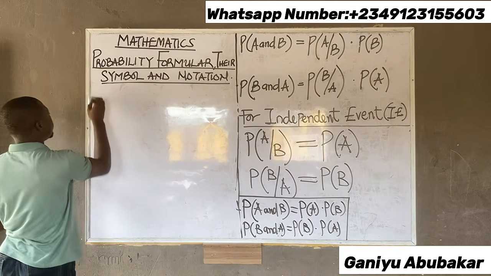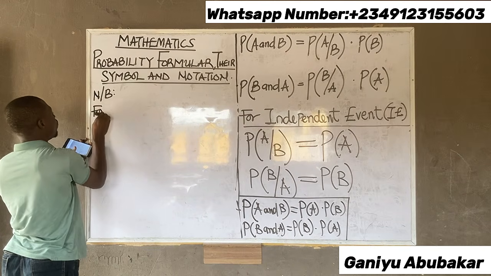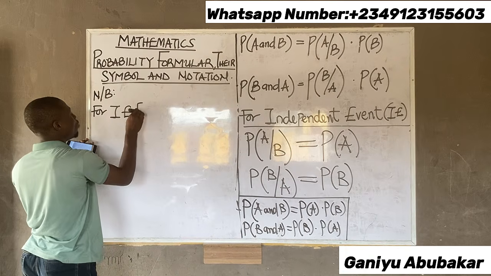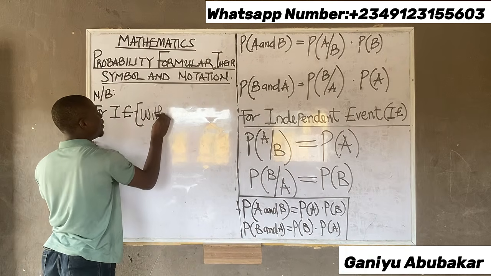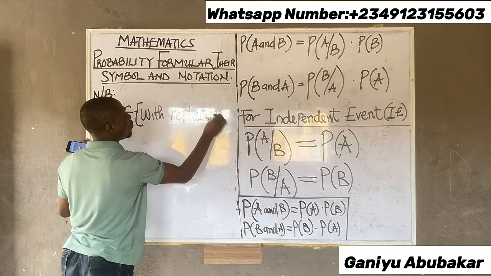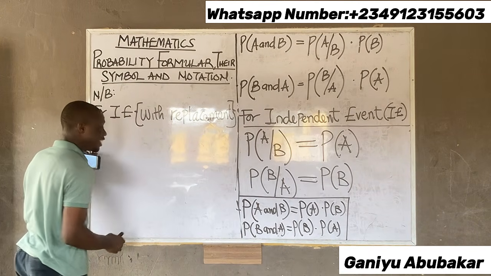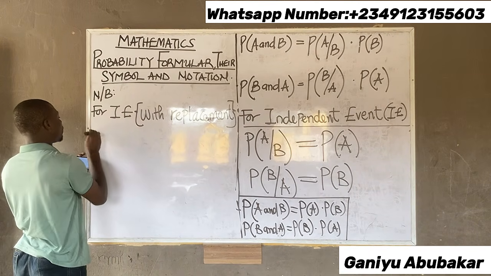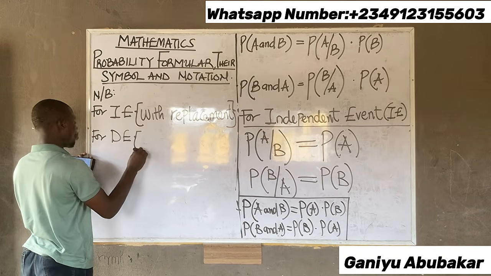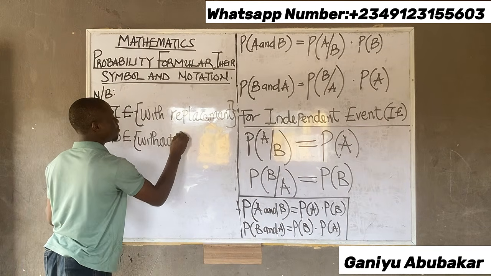So please note this for independent events: note the word with replacement. Whenever you hear the words with replacement, just know that it is an independent event. But for dependent events, what you should watch out for is without replacement.